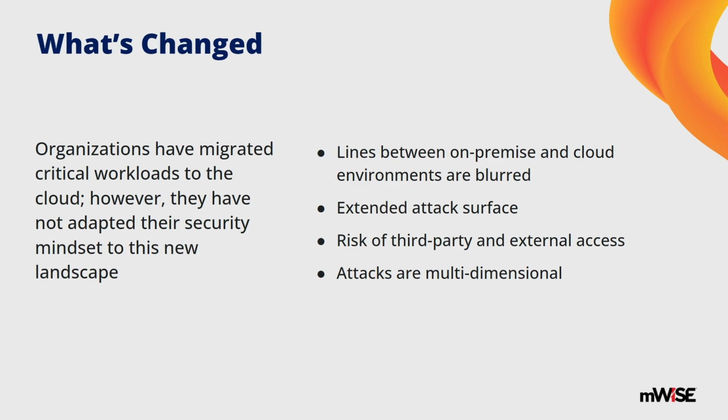Even if we're fully protecting our own environment, we have the risk of third-party access and vendors and software. And lastly, attacks are multidimensional, not just targeted to a specific cloud platform, but really take advantage of every piece of an organization's infrastructure.